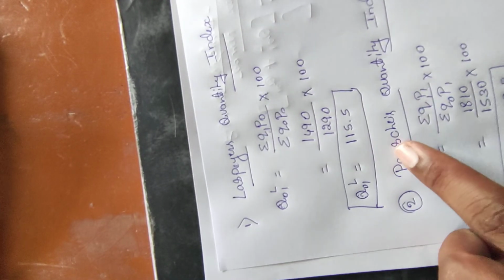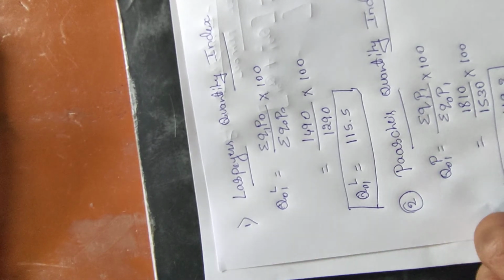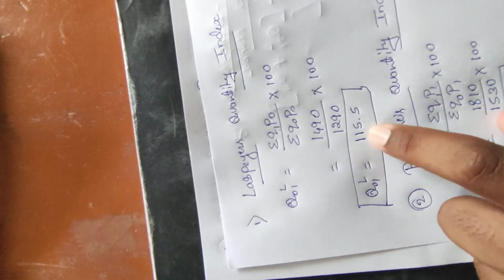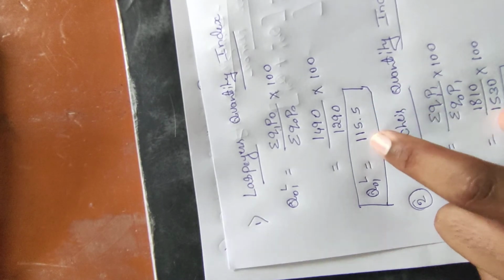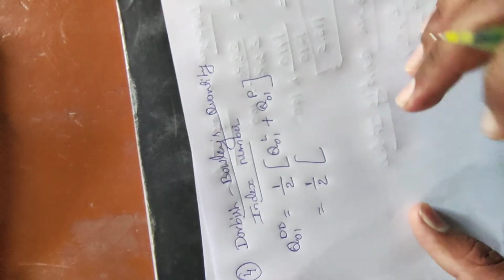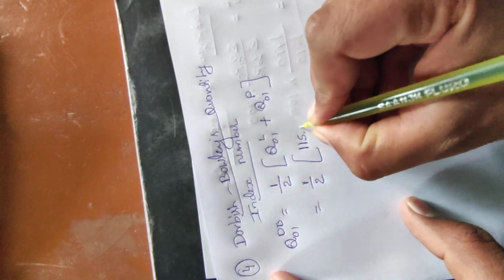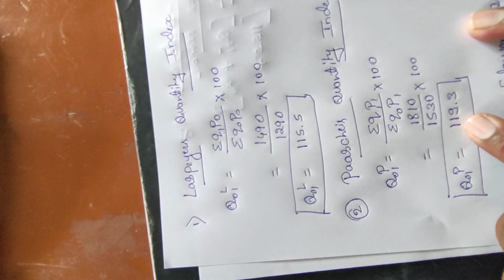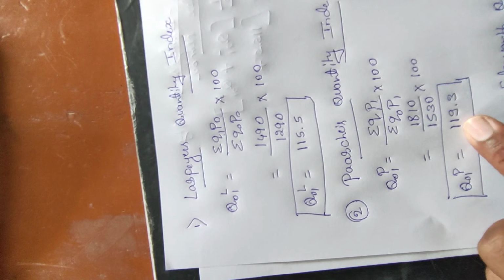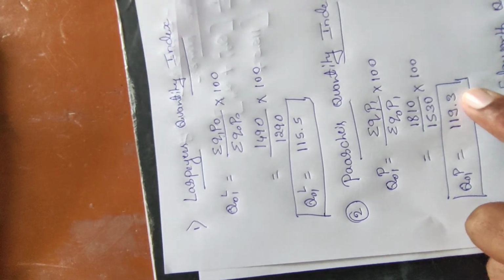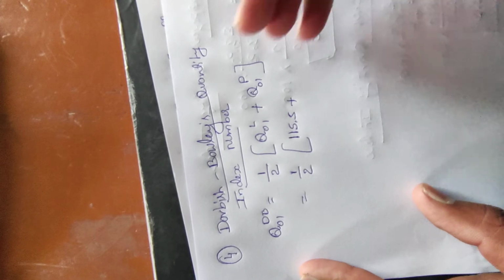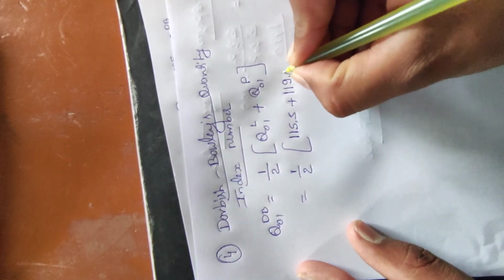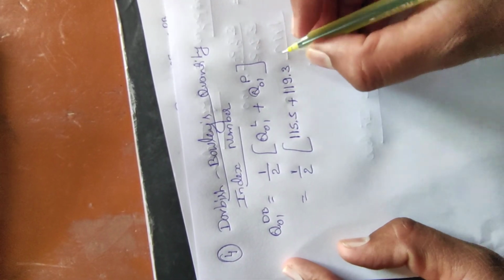We already solved the values, right? So we already know the answer. Q01 L, the value is 115.5. Q01 P means the Paasche quantity index, which we also already solved. The answer is 119.3.